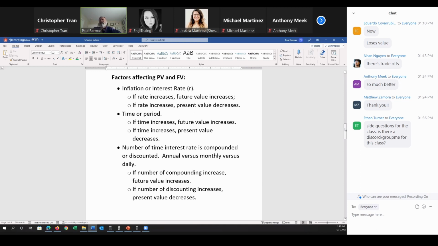One example. Okay, we have Jessica out there. Jessica and I both want to have $10 million in our savings account by the time we are 75.